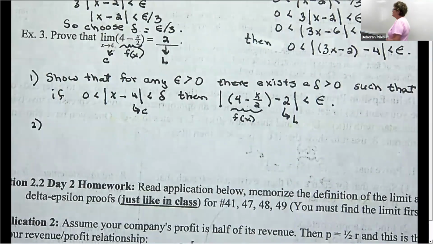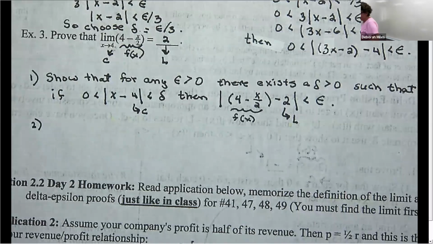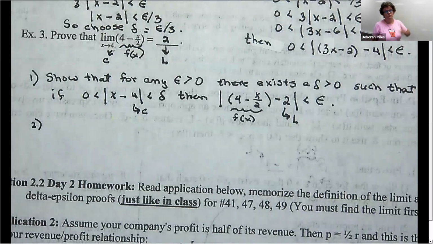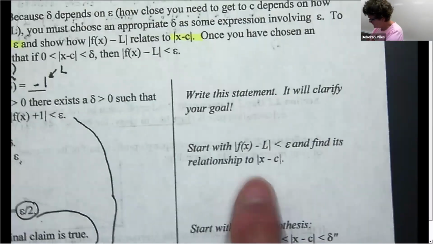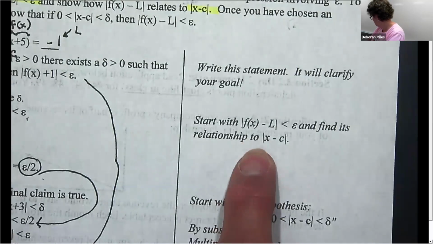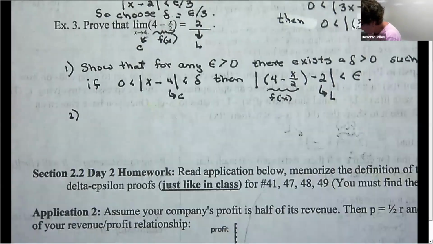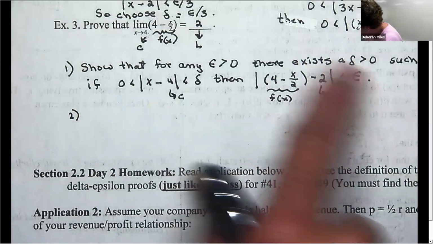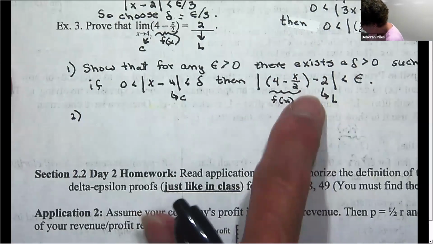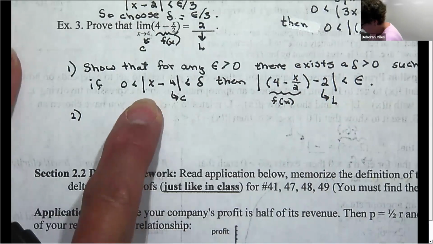What are we trying to do in step 2? What's the goal of step 2? It's to find an appropriate delta. So to find an appropriate delta, we start with what we want to end up with and find its relation to x minus 4.